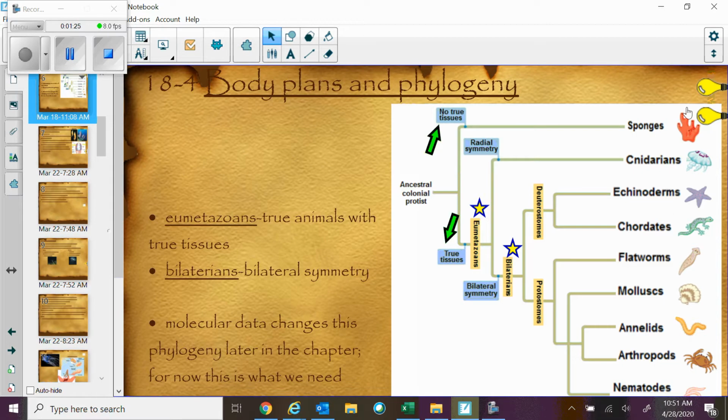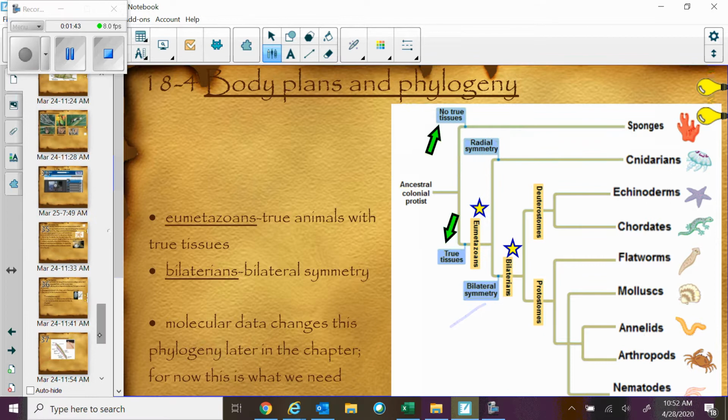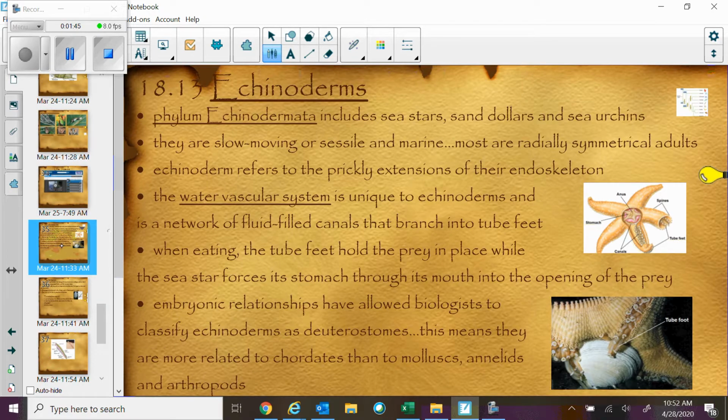Radial symmetry is found up in the cnidarians, and then we see bilateral symmetry all throughout here. However, it's not exclusive. So these echinoderms, as we're mentioning here, are going to show radial symmetry as well. So not exclusive.